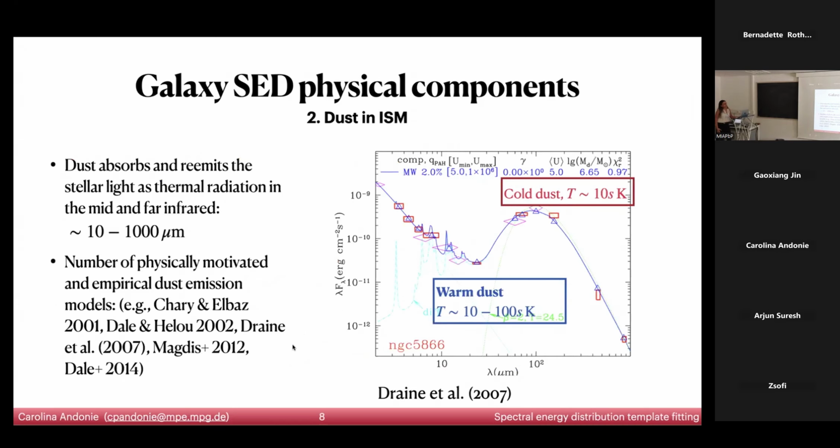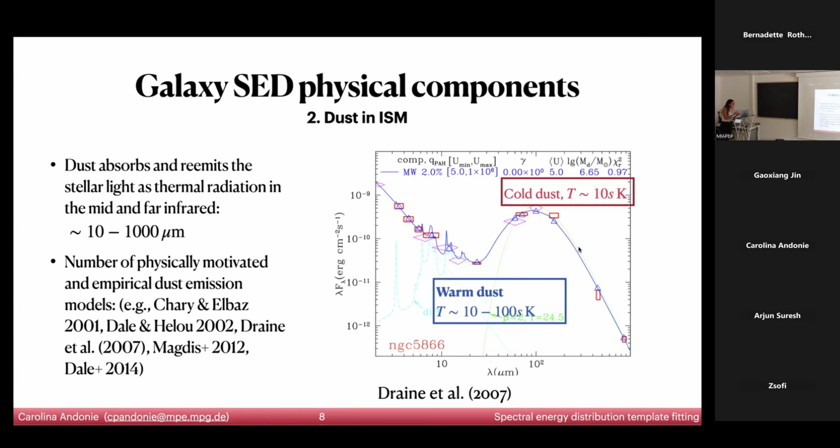So as I said, the UV optical emission coming from the stars is then absorbed by the dust that is in the interstellar medium and re-emitted as thermal radiation in the mid-infrared and in the far infrared. And this is more or less how the SED of what we call dust obscured star formation looks. So in the UV, more or less, we can observe the unobscured stellar population, while in the infrared we observe the dust obscured star formation, right?